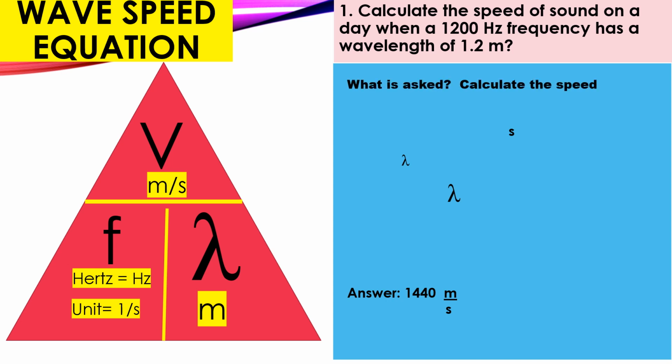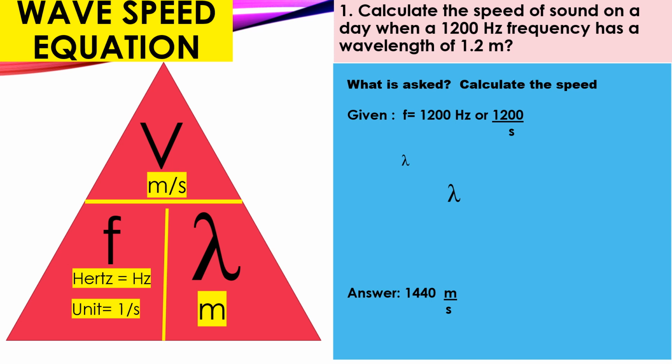Okay? So, let's have problem number 1. Calculate the speed of the sound when a 1,200 hertz frequency has a wavelength of 1.2 meters. So, what we are looking for is the speed. What is given?